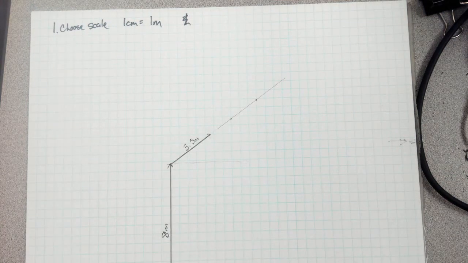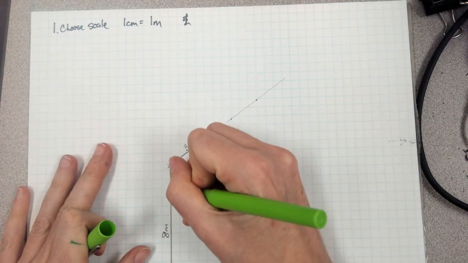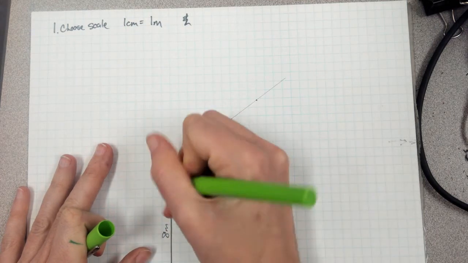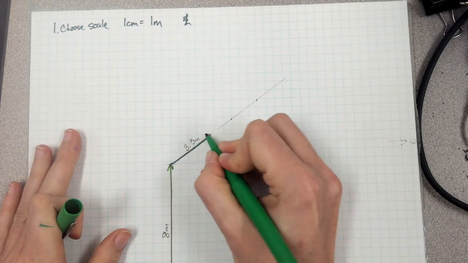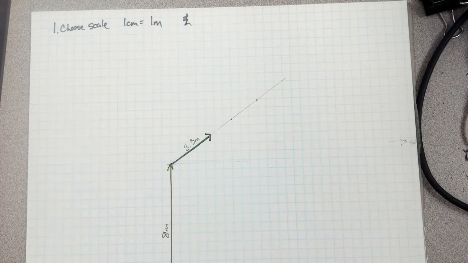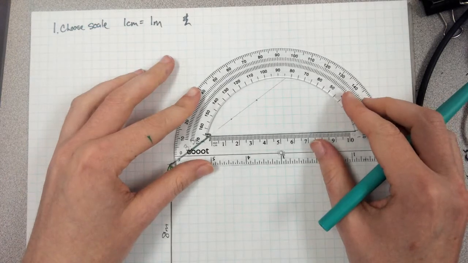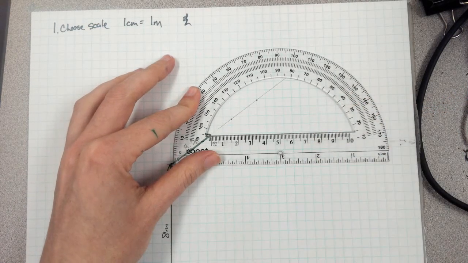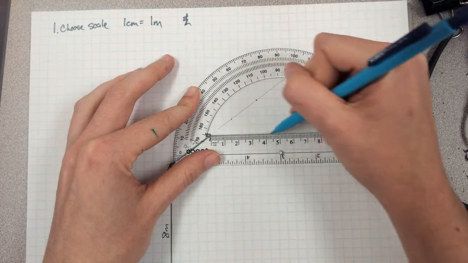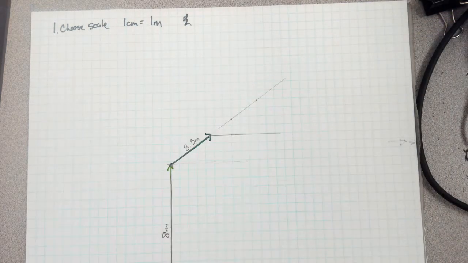So, if we were matching colors from before, that was bright green, this was dark green, just to match the same colors. And then he went 5 meters directly east. There.